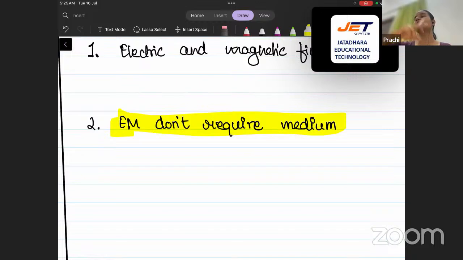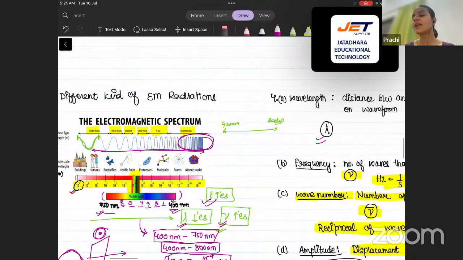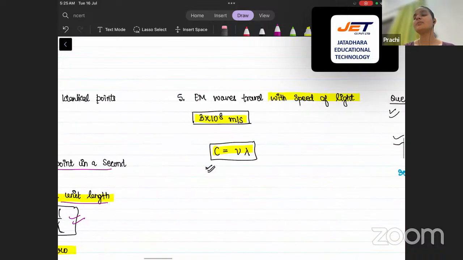If you throw a stone into water, you can see the ripples, right? So all these kinds of transmission require a medium, but electromagnetic radiation doesn't require any medium for propagation. So if this is clear to you, then we will move ahead with the numerical.